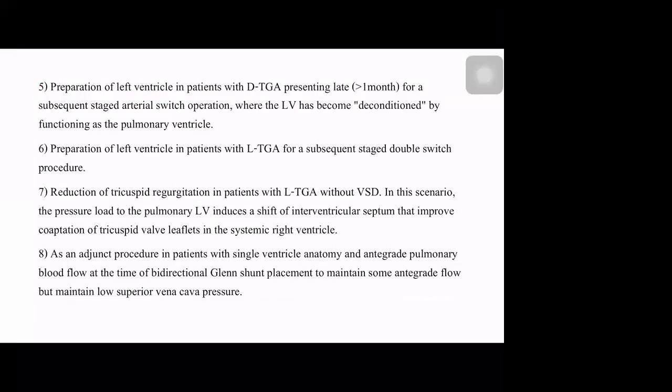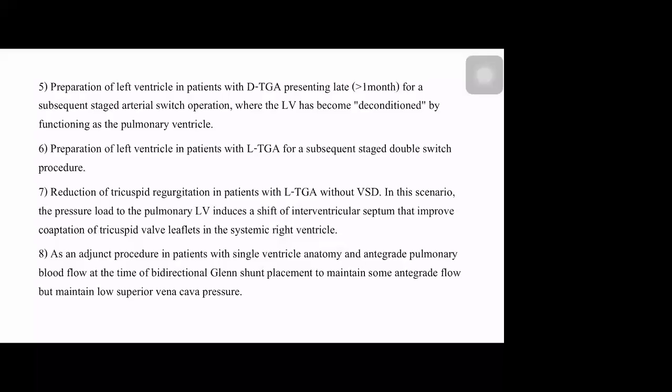The other indications are about the LV. What about the LV training? Preparation of the left ventricle in patients with DTGA who are presenting late, that is more than 1 month, for a subsequent staged arterial switch operation. Details about this procedure I will discuss when I discuss DTGA and the arterial switch operation.